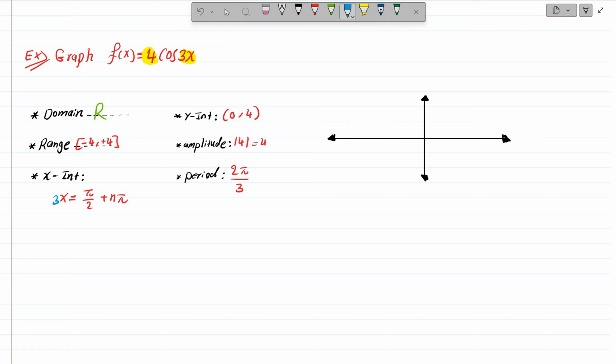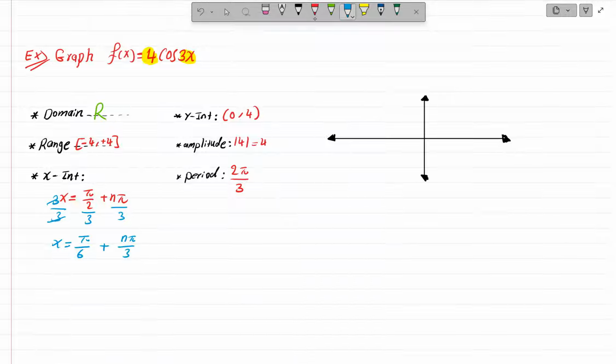Right now x equals how much? Because we want x, divide everything by 3. Simplify. X equals pi over 2 divided by 3, which is going to be pi over 6 plus n pi over 3.